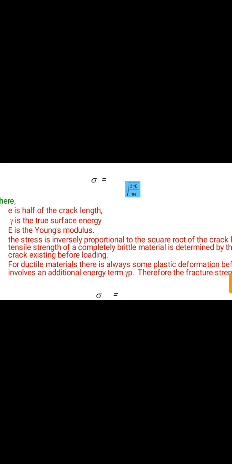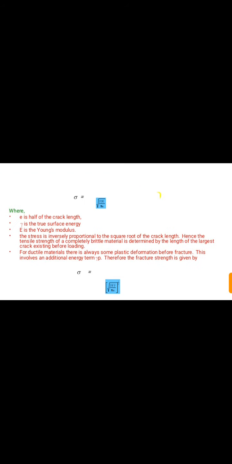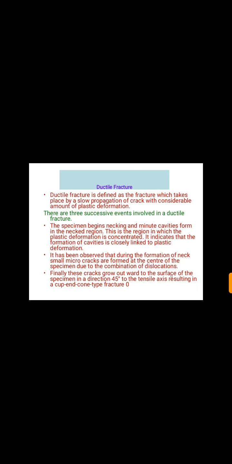In our notes I have given this as a, instead of the other symbol. Just go through the notes, you can understand what sigma is and all. Just go through the derivations I have given in the notes.